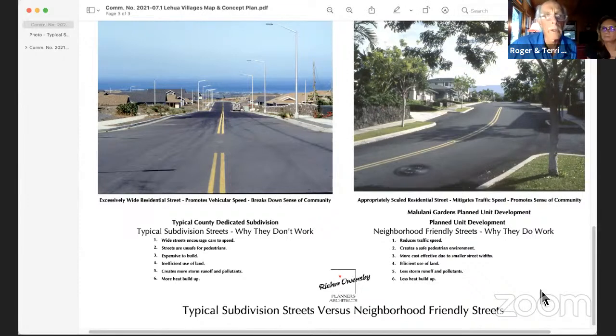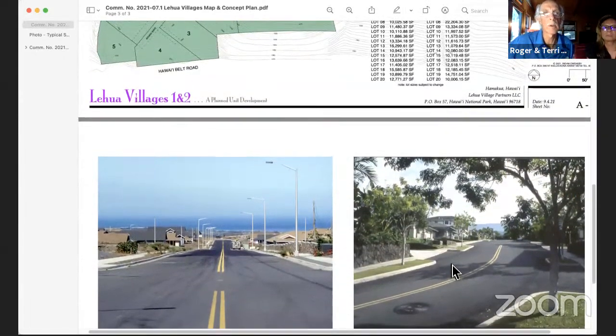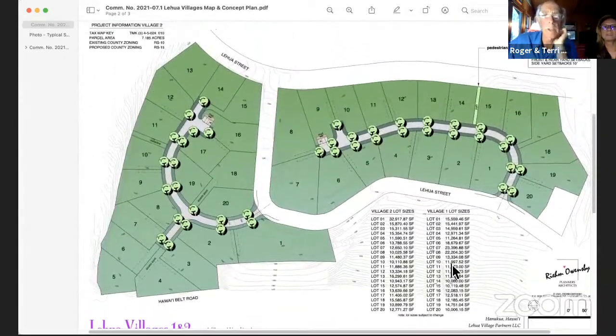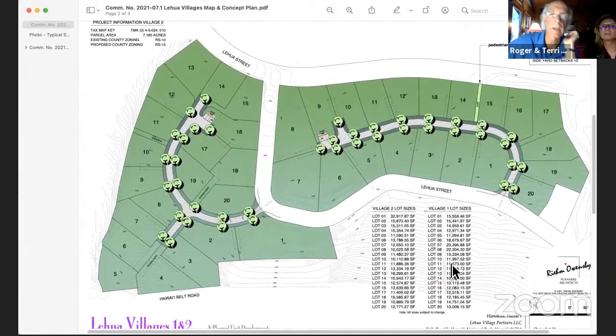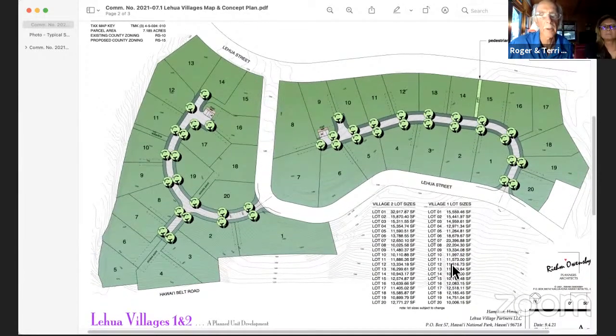On Village 1, if you would scroll back to the middle map, the middle attachment, you may see between lots 14 and 15, there's a little pedestrian path there. And behind those lots, say, 9 through 17, you can see a road, it says Lehua Street. But that road doesn't really exist. Most of you probably know that. It's just a paper road. It's never been built.